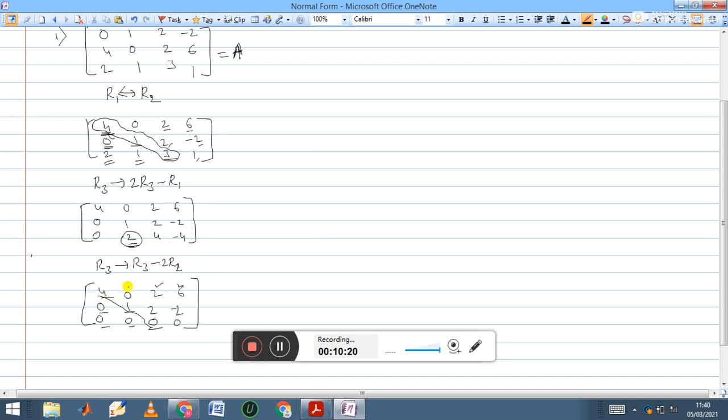So your next column operations, here I am writing. Your first row, second entry is already 0. Then you need to make the first row, third entry and first row, fourth entry 0.